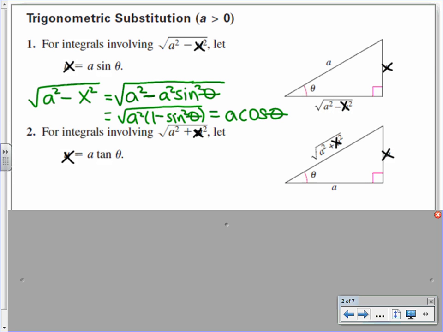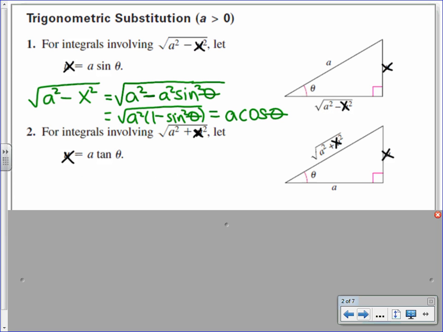If I let x be a tangent of theta, then you can see that x over a would be tangent of theta, and we can set up this triangle where opposite over adjacent is x over a. Then our hypotenuse with the Pythagorean theorem would be the square root of a squared plus x squared.